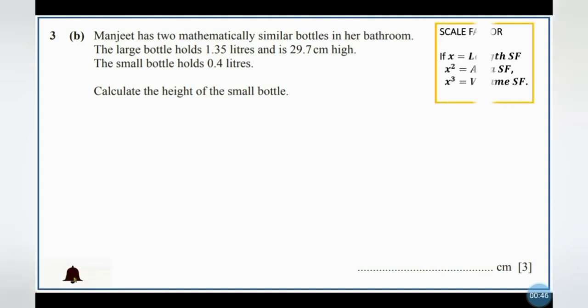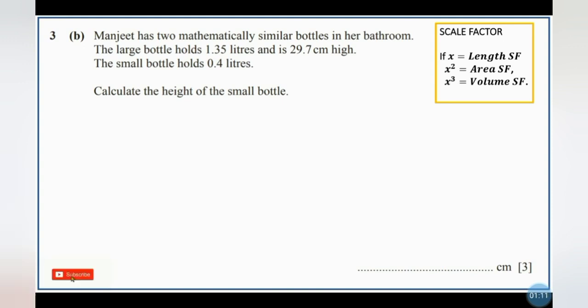Always remember, when we are talking about similar figures or similar objects, we have to understand the idea of scale factor. If the length scale factor is equivalent to x, the area scale factor will be x squared, and the volume scale factor is x cubed.